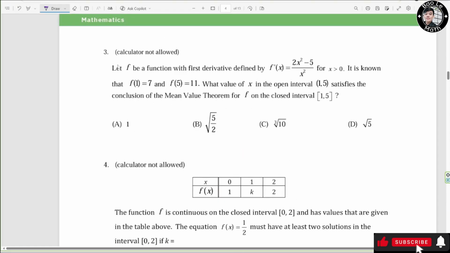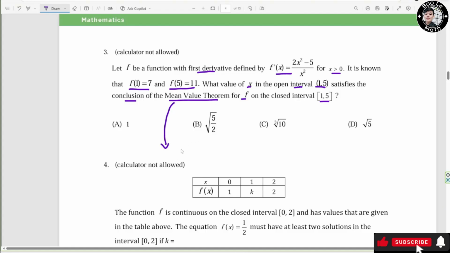Now question 3. Let f be a function with first derivative defined by this expression for x greater than 0. It's known that f of 1 equals 7, f of 5 equals 11. What value of x in the open interval 1 to 5 satisfies the conclusion of the mean value theorem for f on the closed interval 1 to 5? Alright, so we're going to use the mean value theorem, right?